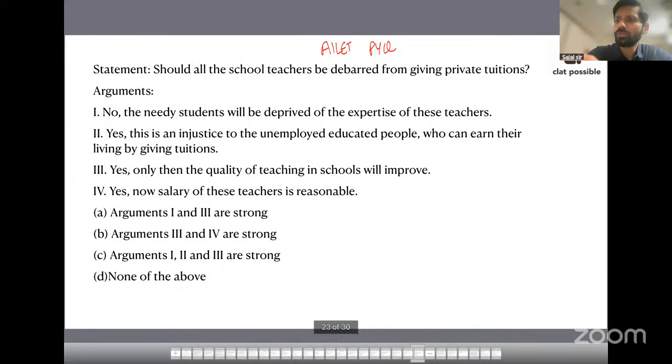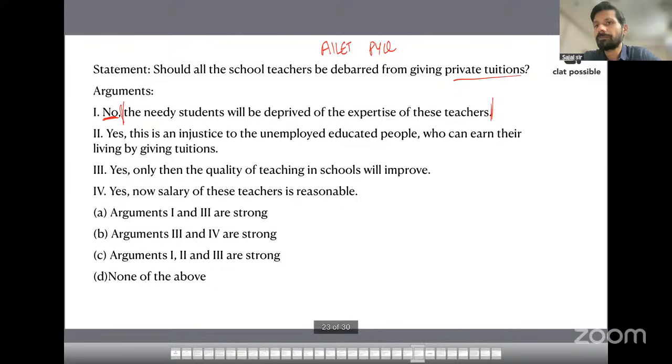Does it look like a good enough reason? Again, we do not have a problem with a yes or no here, but it has to be a good reason. The needy students will be deprived of the expertise of these teachers. Needy students, right? Private tuitions in itself implies a fee, right? There's a fee being charged, right?